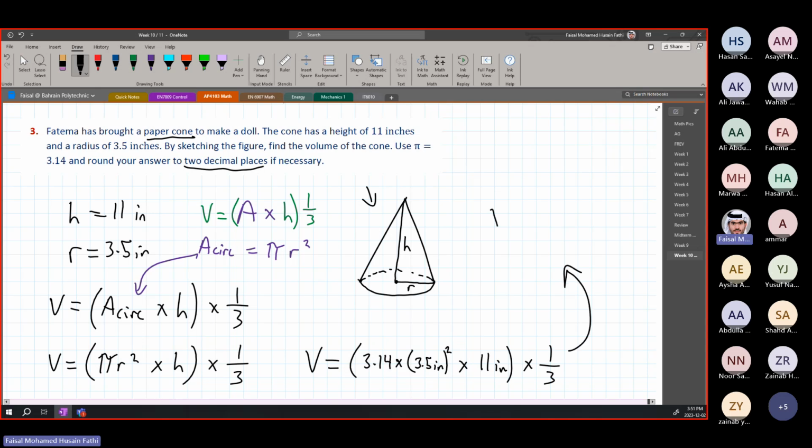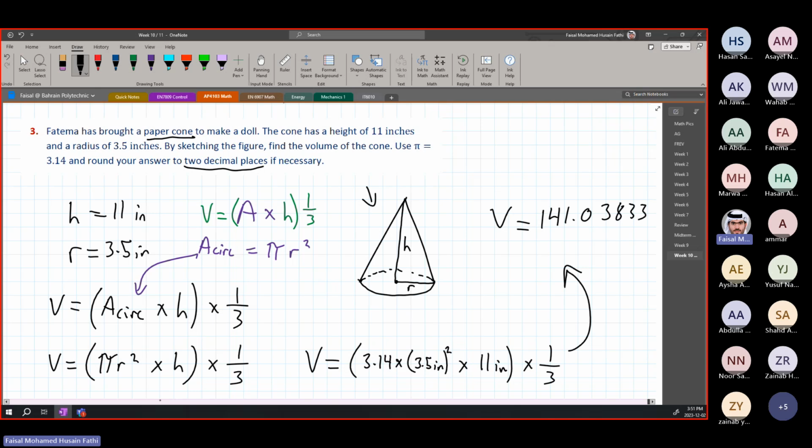So the volume is going to be equal to, plug it all in the calculator, 3.14 times 3.5 squared times 11 times 1 over 3. And you'll get 141.03833.